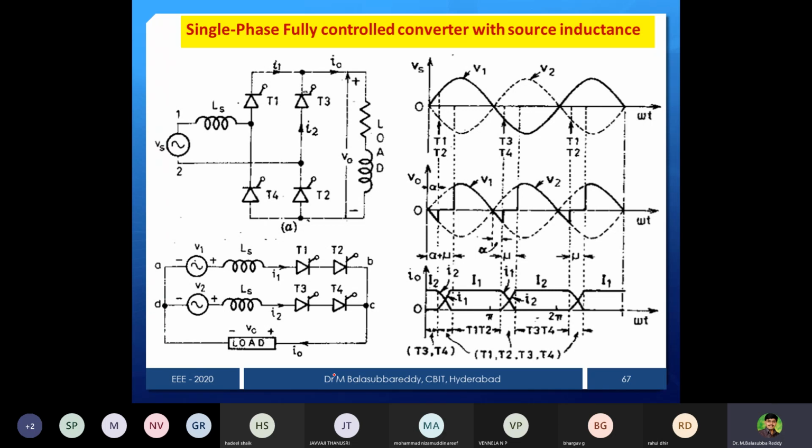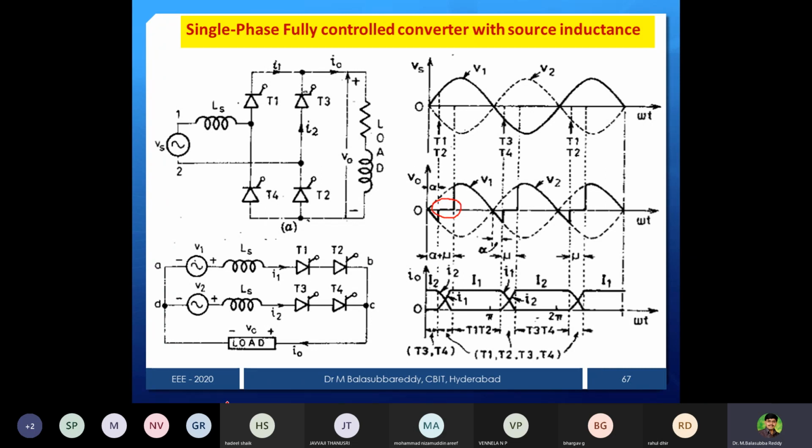But strictly speaking, because the source has some inductance, instantaneous changes are not allowed. That's why for some duration incoming devices and outgoing devices fire together. Because of that, voltage is going to be dropped when compared to without considering source effect.